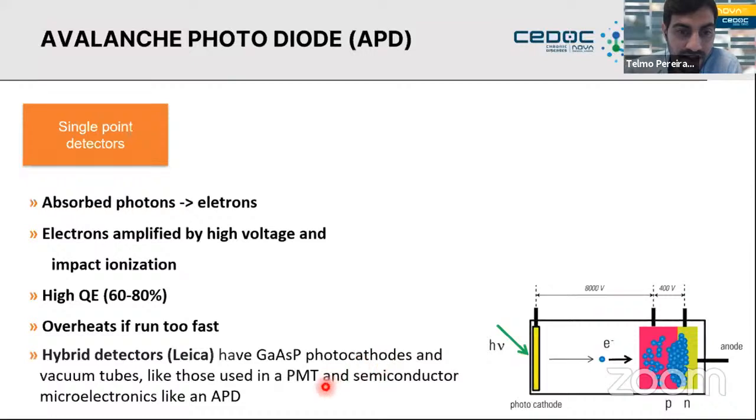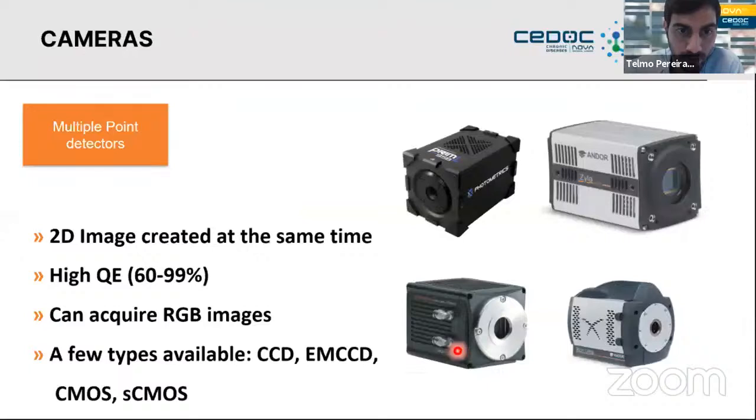But then they have semiconductor electronics like the APD in order to create this avalanche of electrons to detect your signal. They have some advantages in terms of light detection and others that I won't go into in any detail.